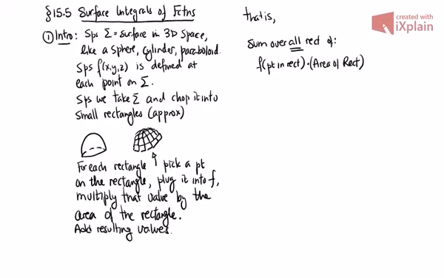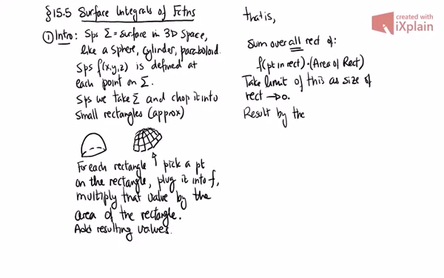Then what we'll do is make the rectangles smaller and smaller and take the limit of this result. So we'll take the limit of this as the size of the rectangles heads towards 0. We're going to denote the result by the integral of f.